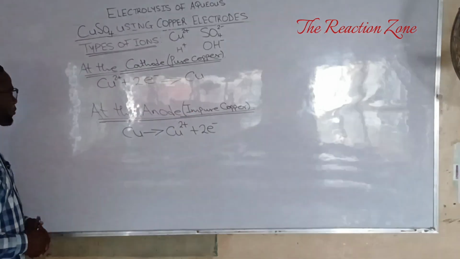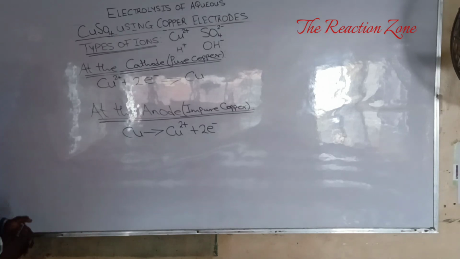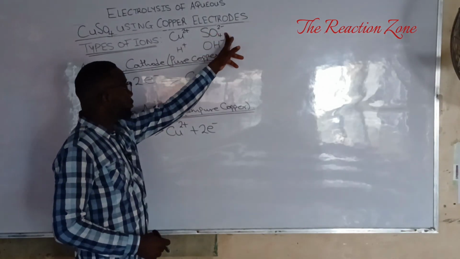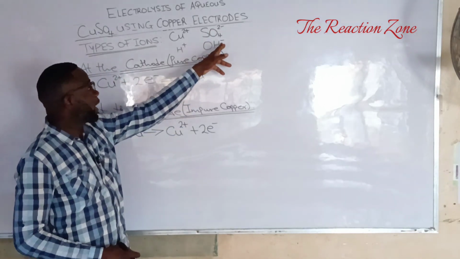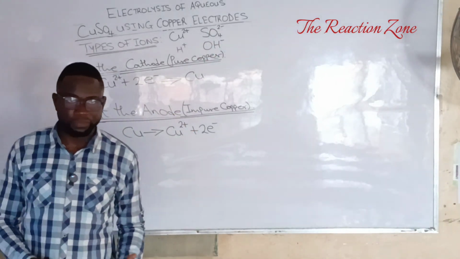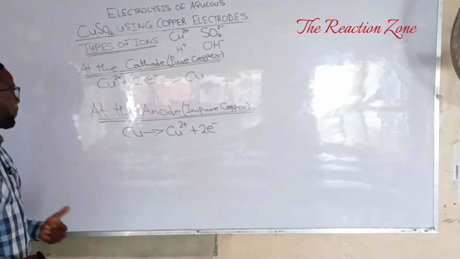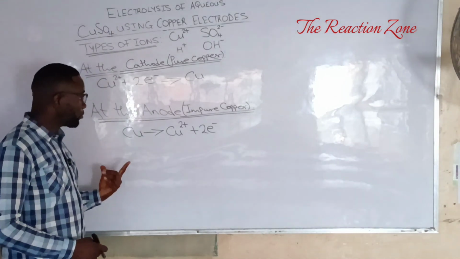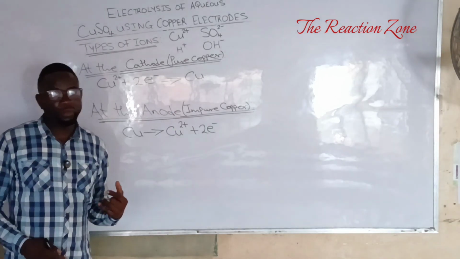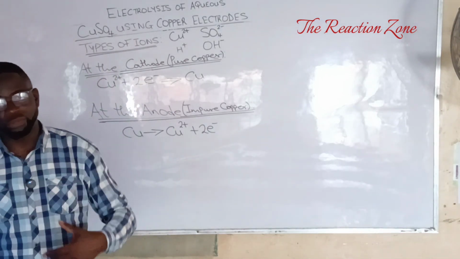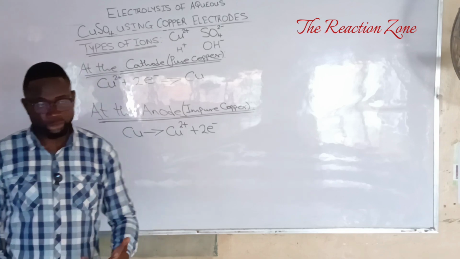At the anode, that is made of impure copper, neither the sulfate ions nor the hydroxide ions will undergo oxidation. Instead, what happens is that the copper atoms of the impure copper will ionize and go into the solution as copper 2 ions.